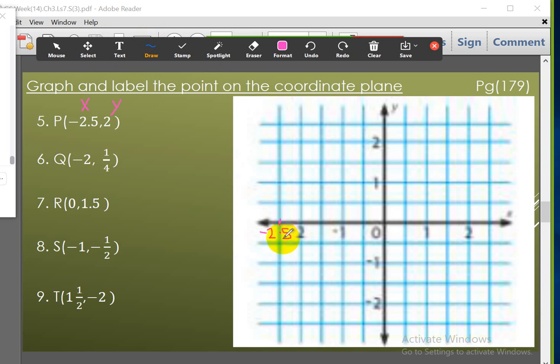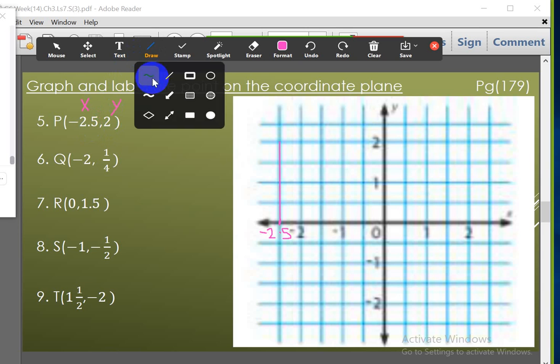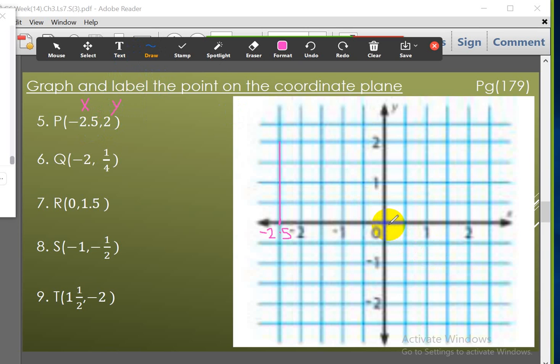Okay? Now, to find P, I have to take a vertical line from this point like this. Now, Y coordinate. Y is 2. 2 is a positive number. That means it will be up.